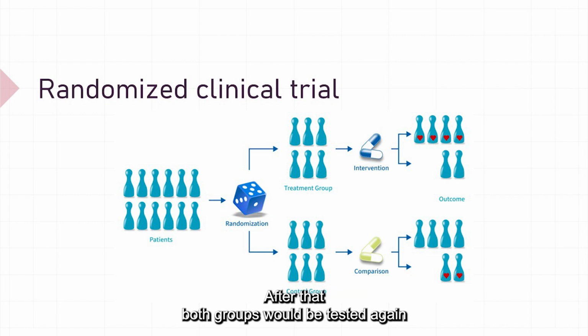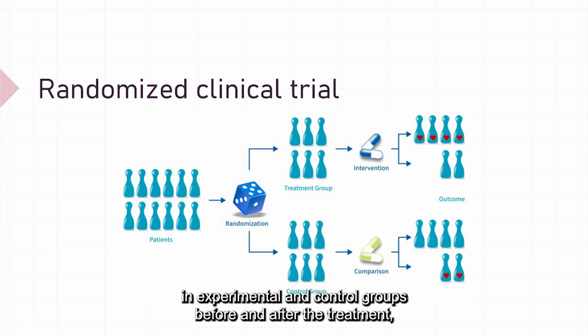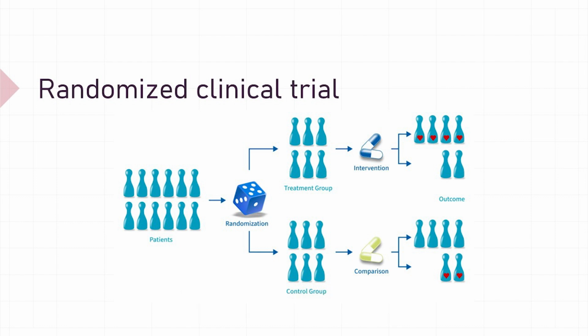After that, both groups would be tested again on their anxiety level. Then we can compare anxiety levels in the experimental and control groups before and after the treatment. That will help us evaluate if the new treatment is working.